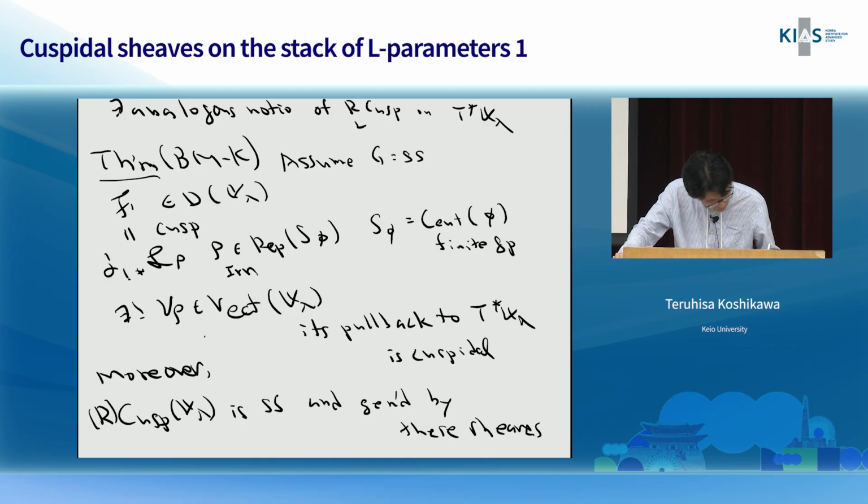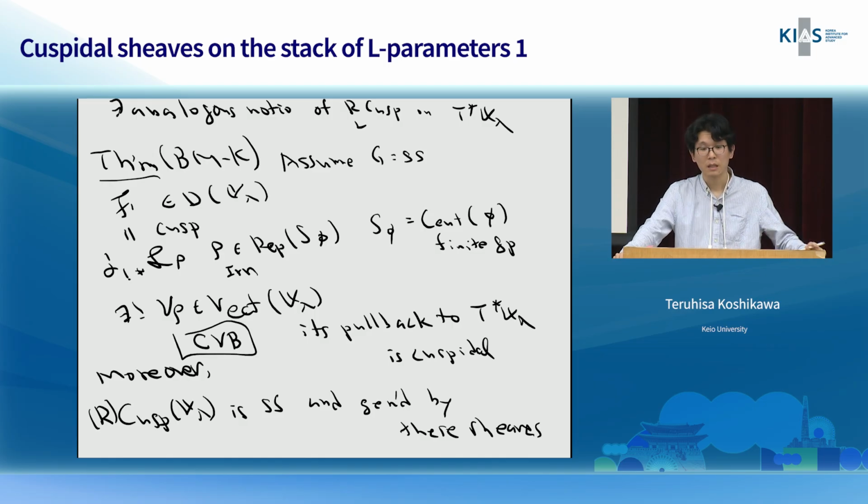So we call these cuspidal vector bundles. And in particular, if the parameter is not discrete, there does not exist such a cuspidal vector bundle. So actually the cuspidal sheaf is automatically zero.